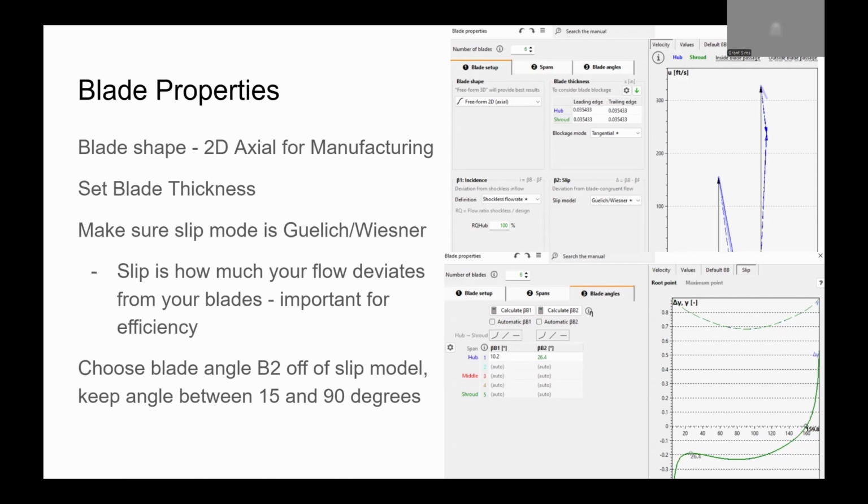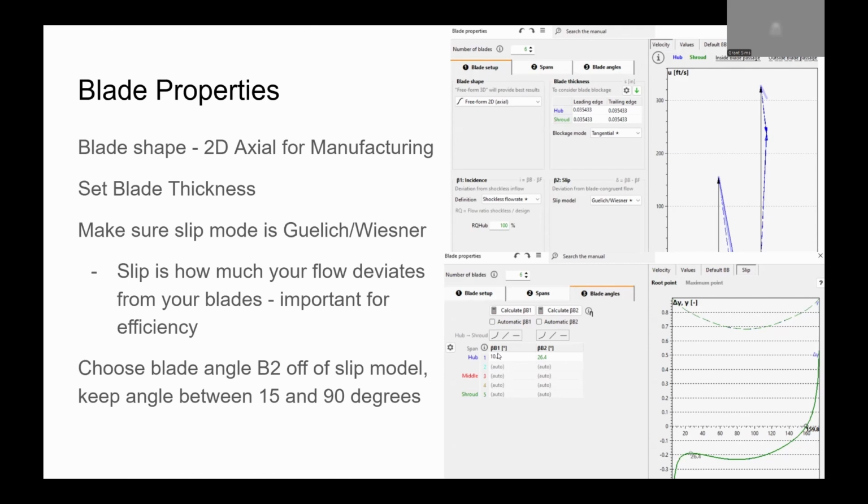You want the initial tip of the blade to contact the fluid at an angle where it sort of smoothly merges with the fluid. It doesn't cause a lot of turbulence right there. So that's what the angles mean.